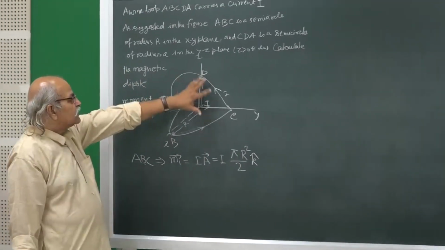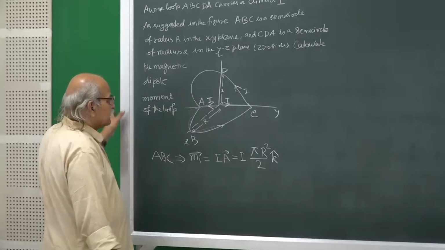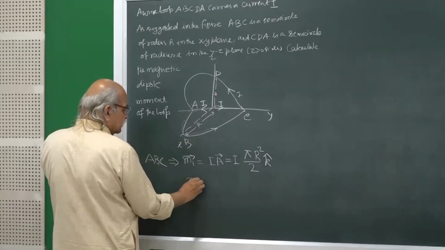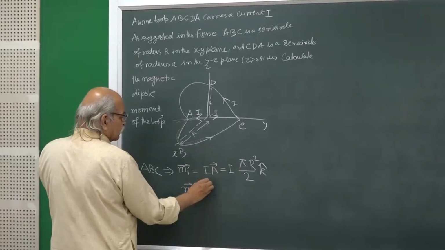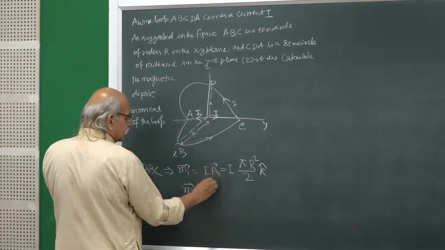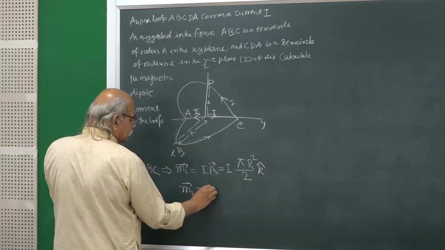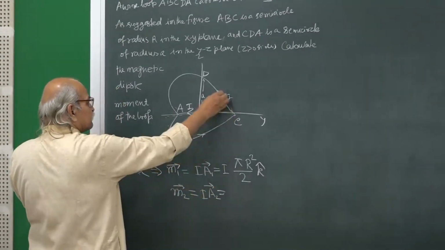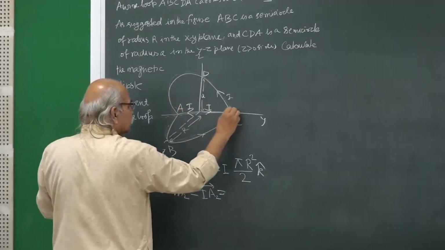This semicircle is of course in the yz plane. M2 is again I A2. This semicircle goes from here to here and then here to here closes.